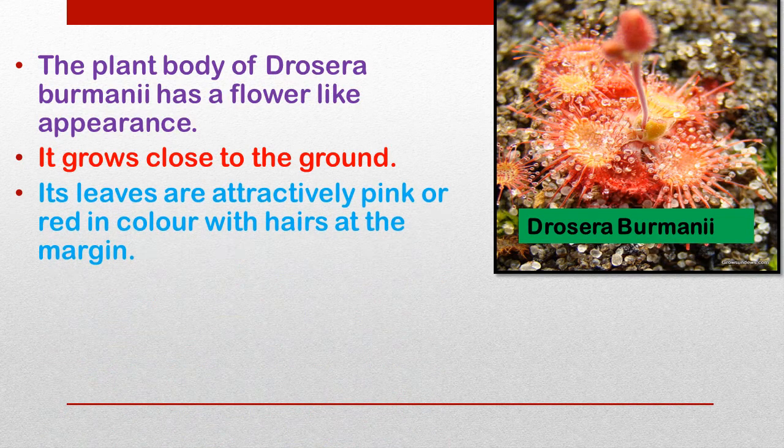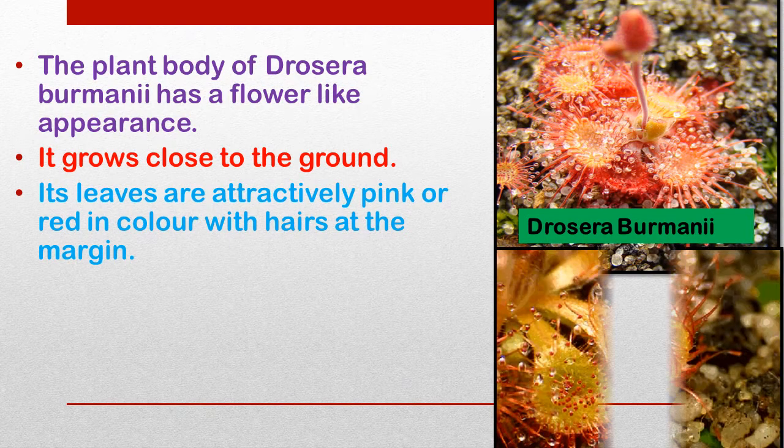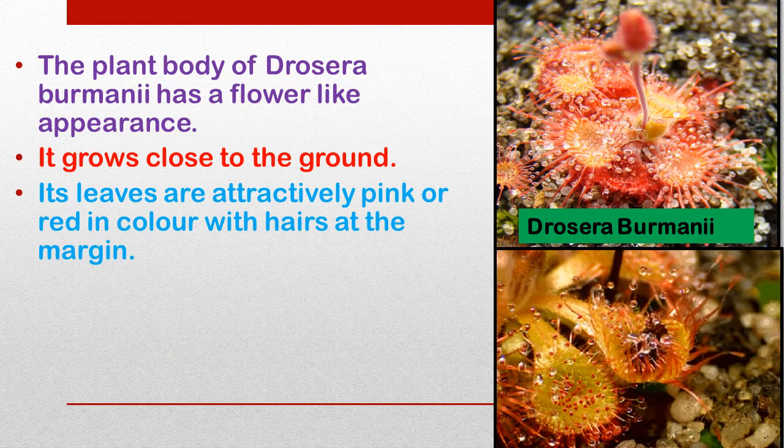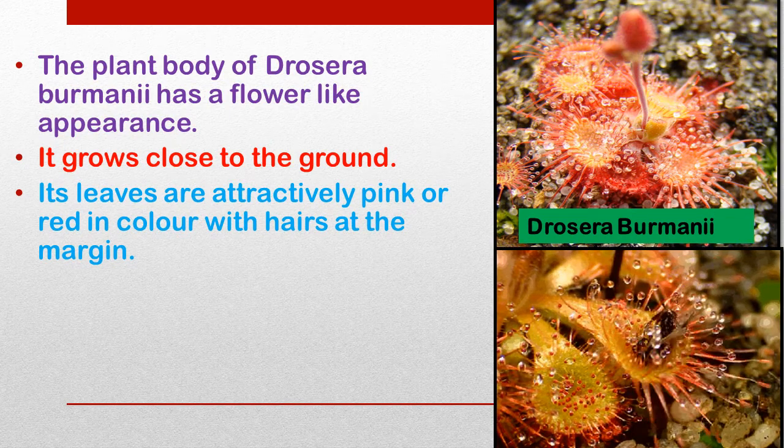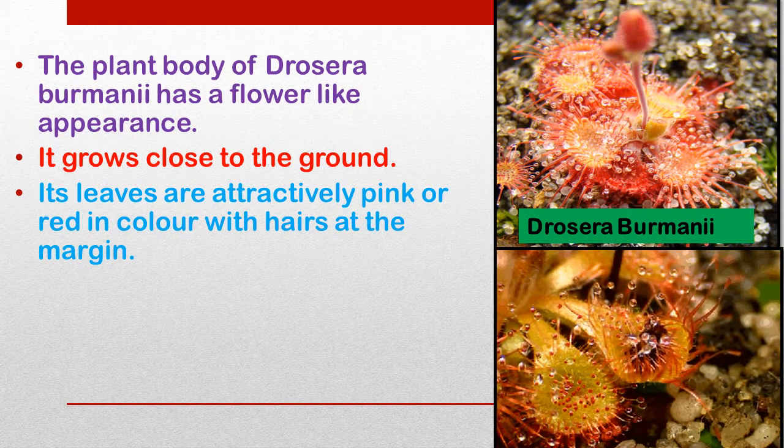Droplets of a sticky substance found at the tips of the hairs attract the insect. You can observe the pink hair-like structures attracting the insect, and when the insect sits on them, they trap it and consume it as nutrition.